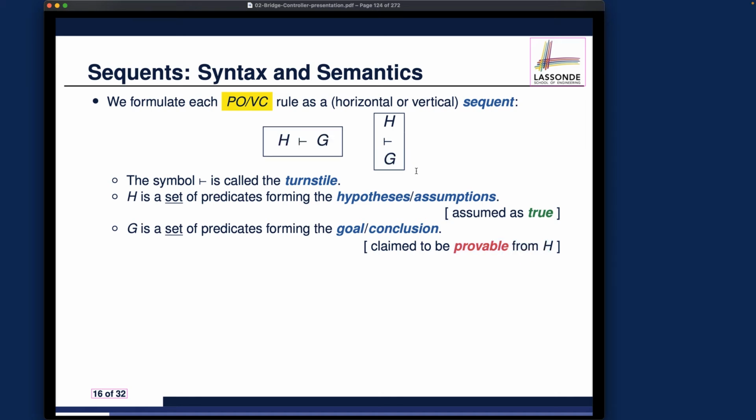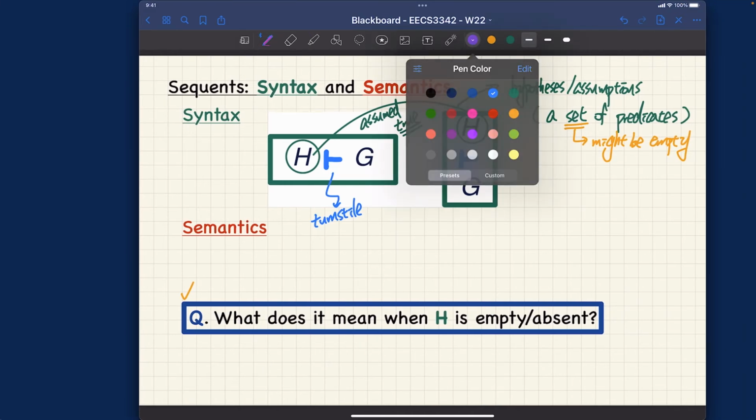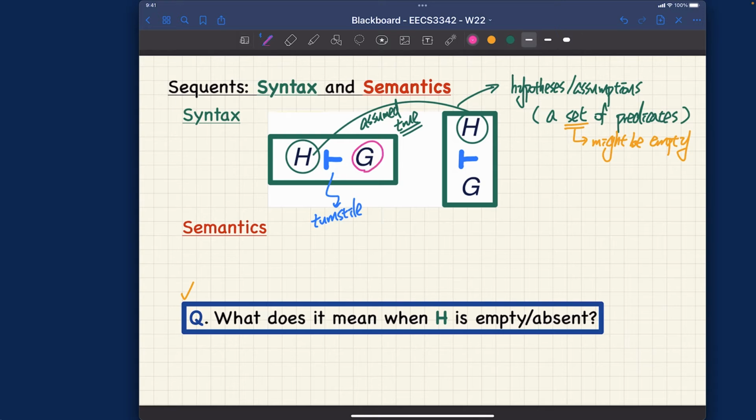Let's now do some annotation here, right? So here we got the G over here on the right, and also the G over here at the bottom. So they are referring to the same thing, which is called the goal of the sequent. Also a set of predicates.